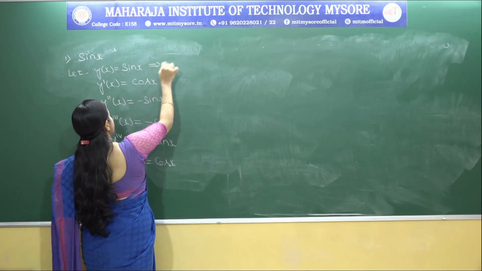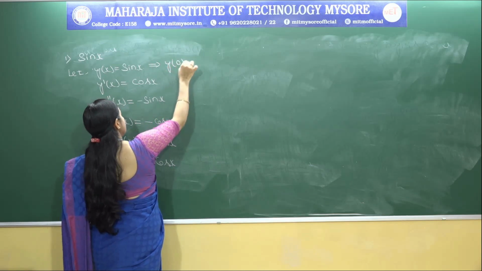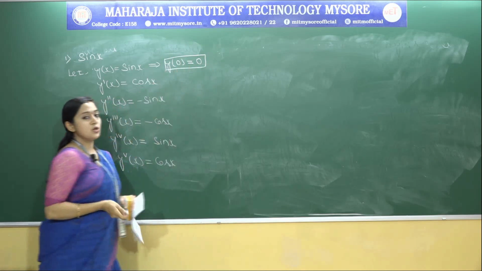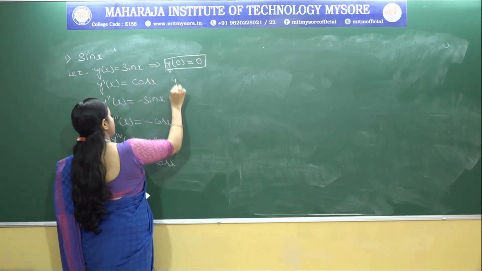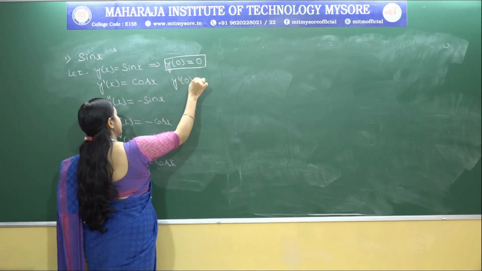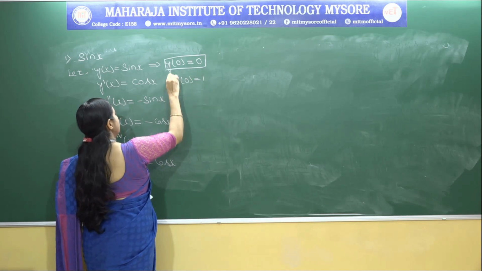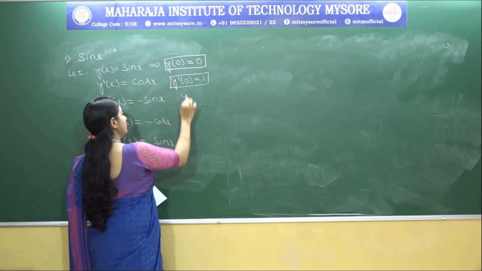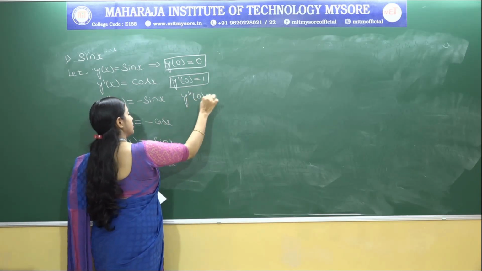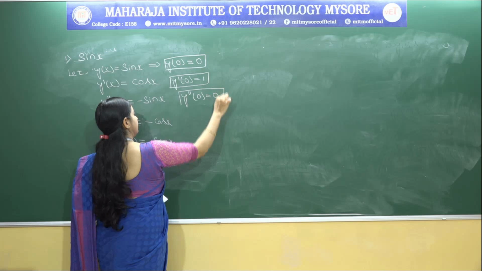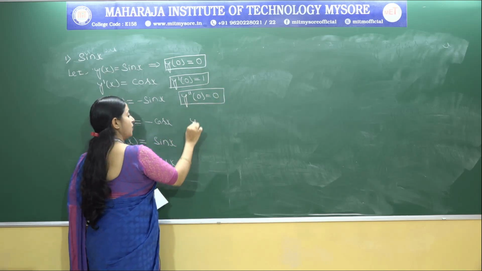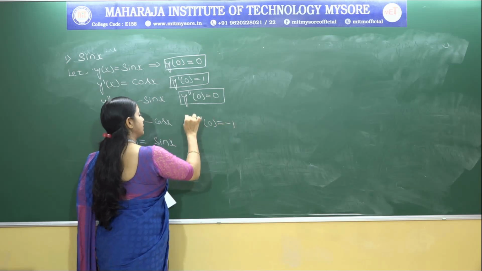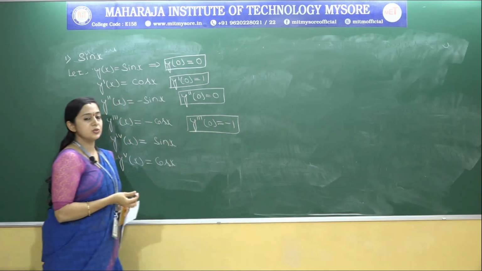So the first term, y of 0: put x equal to 0, sin 0 equals 0. This is the first term. The second one, put x equal to 0, so y dash of 0, cos 0 equals 1. Next, the second derivative, again sin 0 equals 0. The third one, cos 0 is 1, and since you have the negative sign, you will get minus 1.